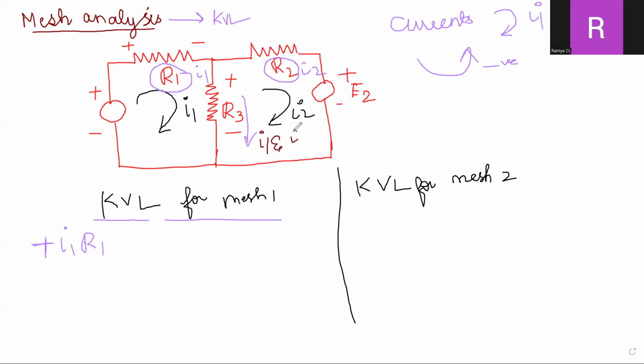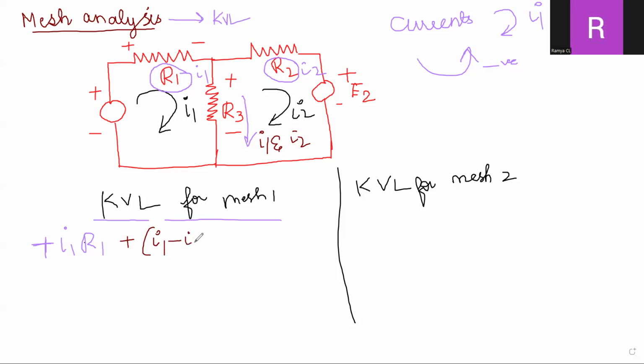Now we need to apply KVL for mesh one. I am taking it as positive. So here it is I1 into R1 plus (I1 minus I2) into R3.